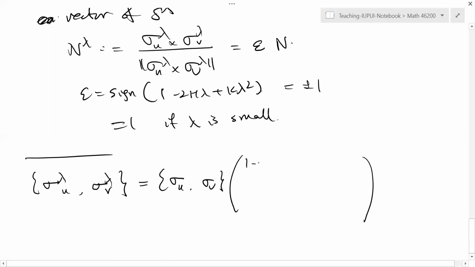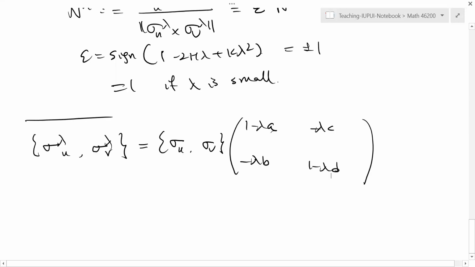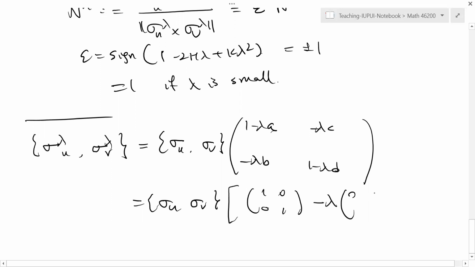I think it's 1 minus lambda a, negative lambda b, and here's negative lambda c, and 1 minus lambda d. But that is going to be the identity matrix minus lambda times the matrix a, b, c, d, right?